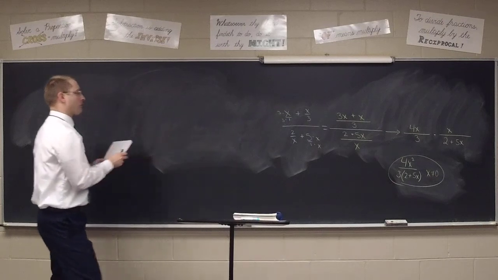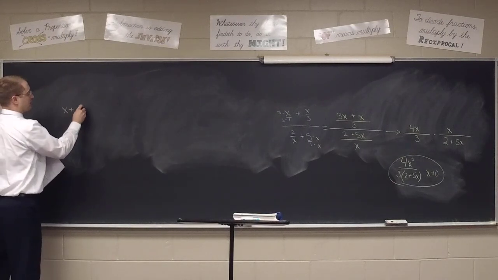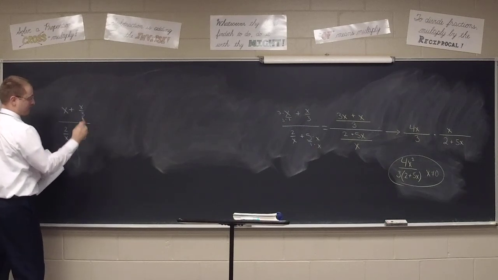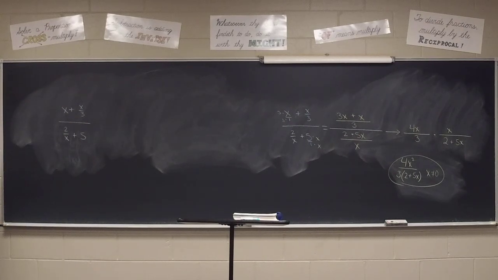Let's take a look at the same problem again. X plus x thirds over 2x plus 5. The other option, instead of getting one single fraction over one single fraction, would be to multiply everything in the top by the LCD, and everything in the bottom by that same LCD.